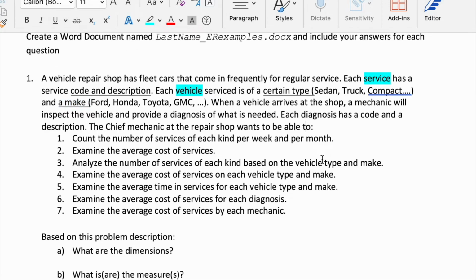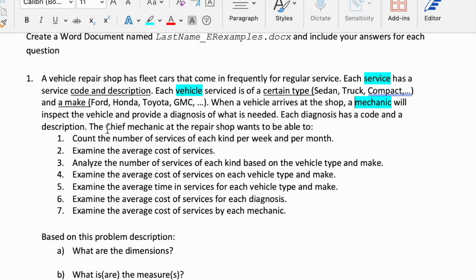So when a vehicle arrives at the shop, there is a mechanic. So mechanic could be another dimension, related to the business process. Mechanic is also important, so we treat it as a dimension as well.